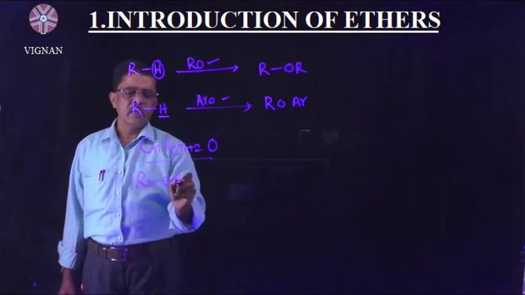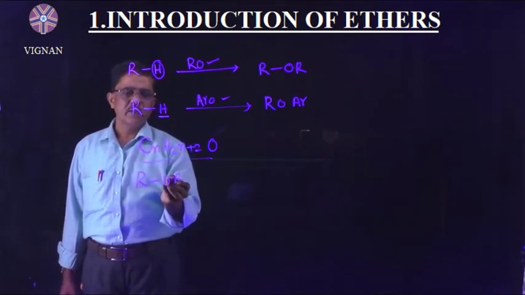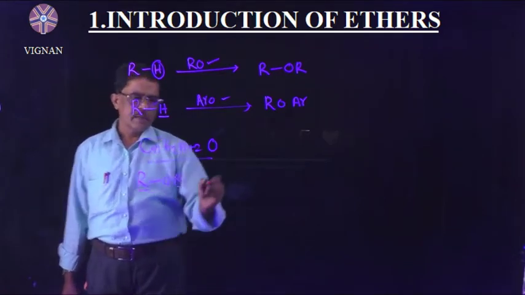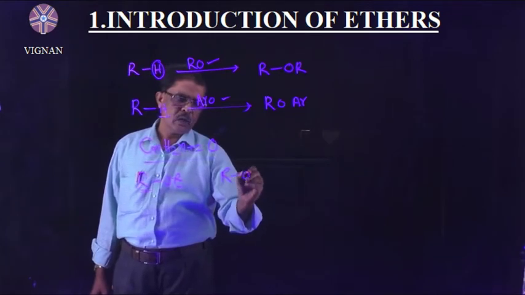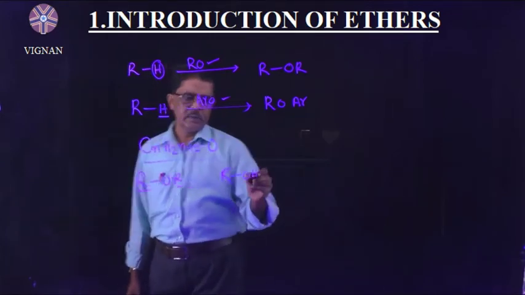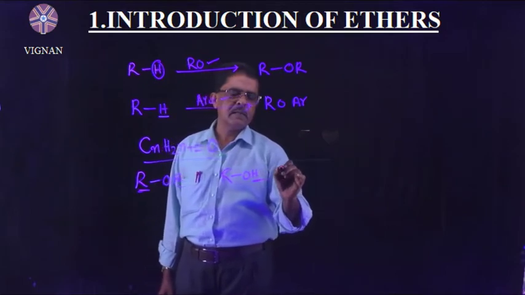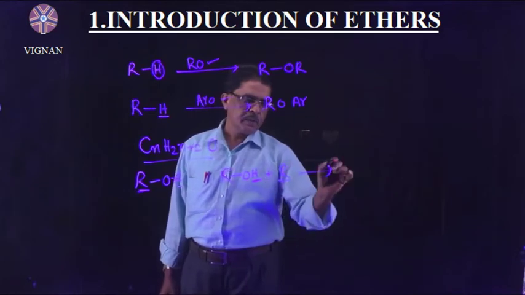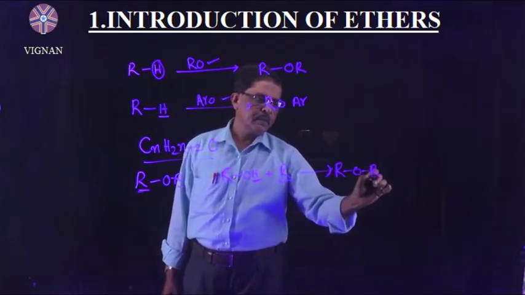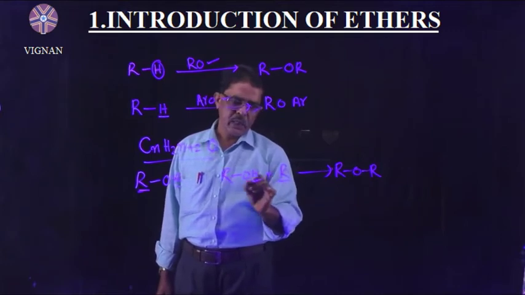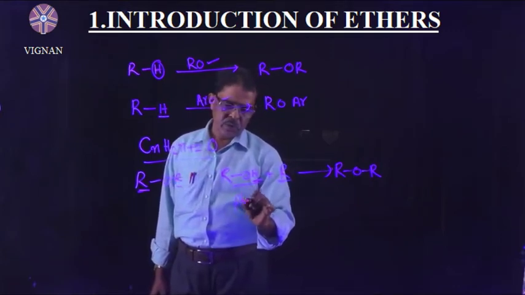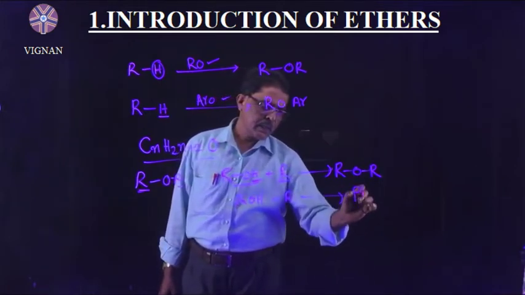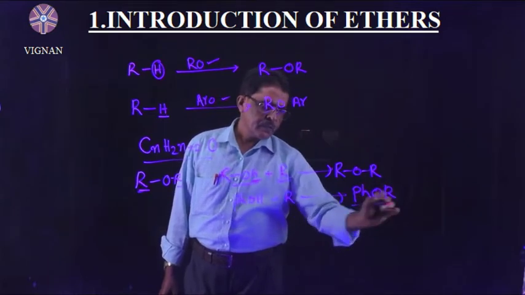Here two alkyl groups are substituted in the water molecule. Suppose you take an alcohol: in place of H, an R group is substituted. Then you get ROR. That means alkyl substituted alcohols. Suppose you take phenols, and an alkyl group is substituted. Then we get ethers.